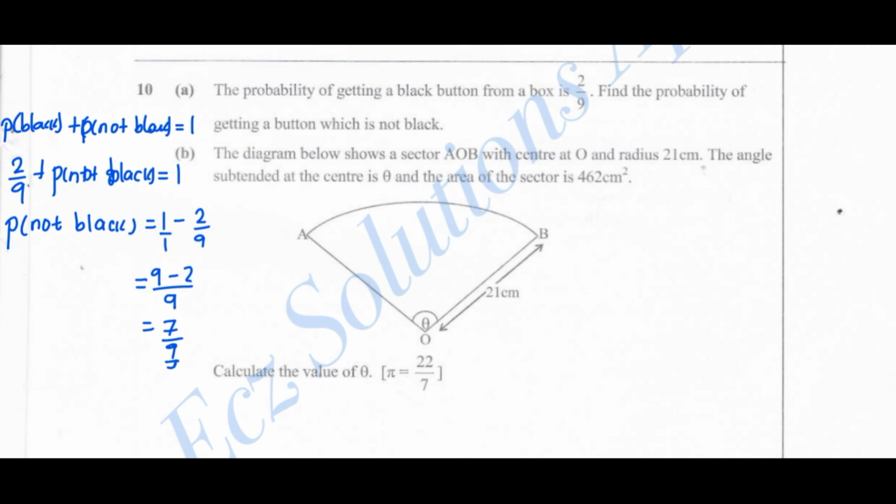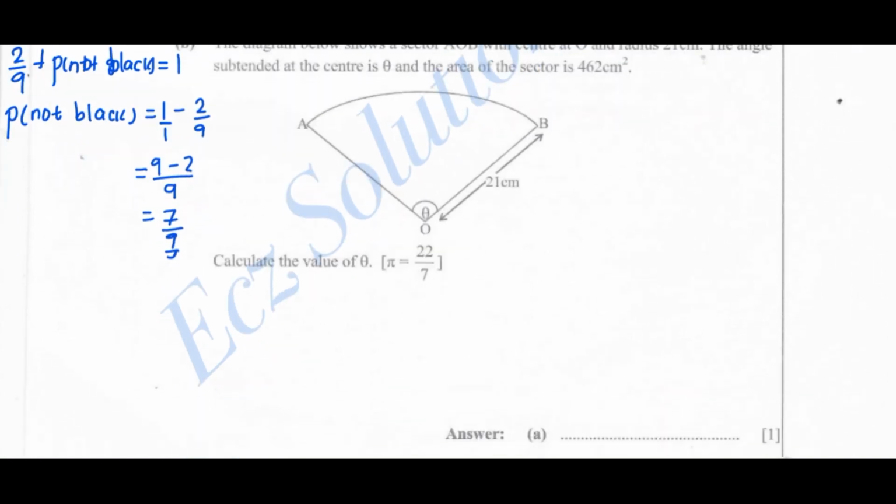So the whole thing is, if you are given one probability and asked to find another probability, just subtract the given probability from 1, then you'll be able to get your answer. For those who may not want to use the principle of lowest common denominator, we can find our final answer like this. We know it's 1 minus 2/9.